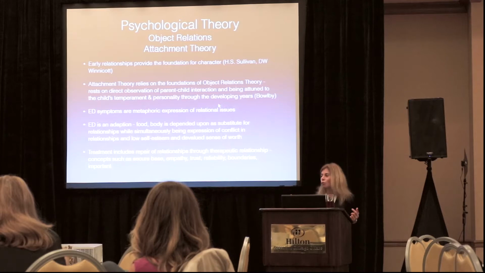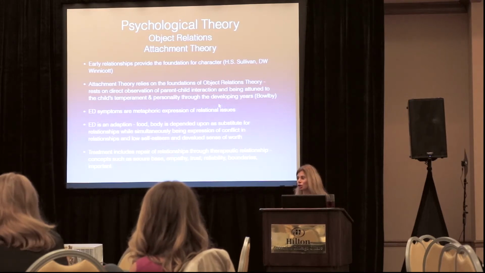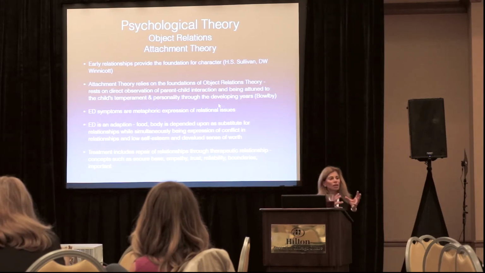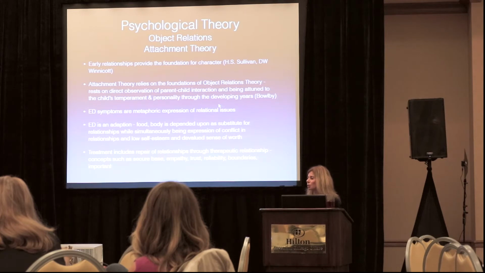So as I move into treatment in a little bit, we start to look at relationships, and we explain to families and to patients about healing coming through not the symptom, right? We need to do some of that, and we'll talk about CBT, DBT, and FBT, but through that process of healing relationships, developing an authentic self.